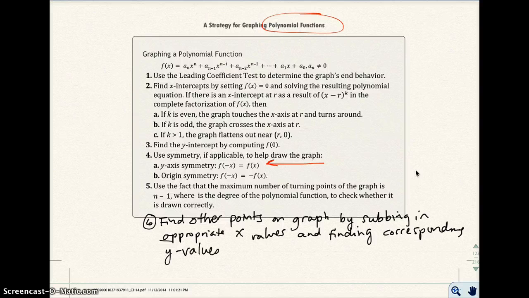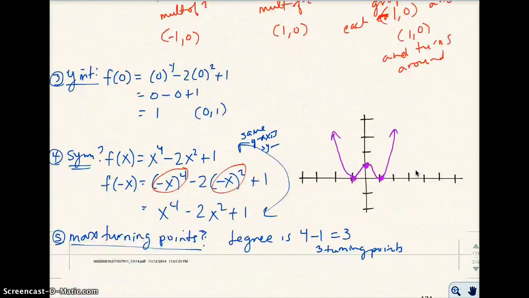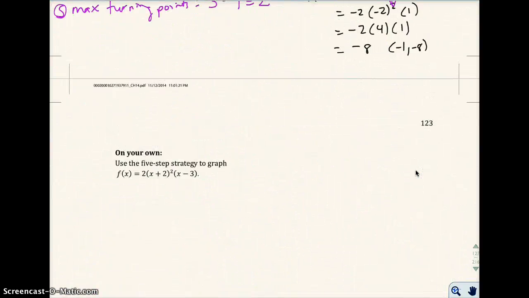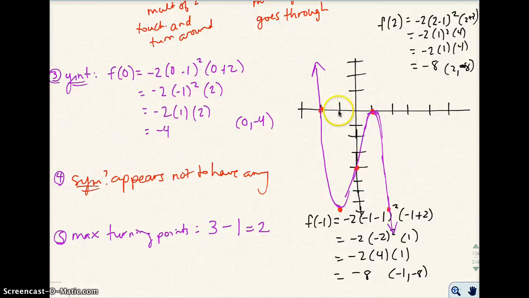When I say appropriate, what was appropriate in that last example was finding the corresponding y value when x was -1 and x was 2. It really didn't help me to put in x equals 10, because again, I'm really trying to figure out what's going on in this area.